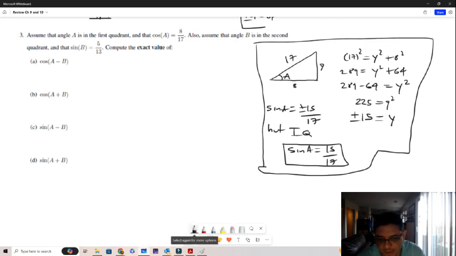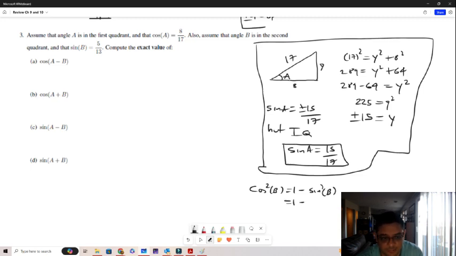Sine square of B is 1 minus cosine square of B. Well, I'm trying to find cosine, so let's do it backwards. So I have cosine square of B is 1 minus sine square of B from the identities that we have.